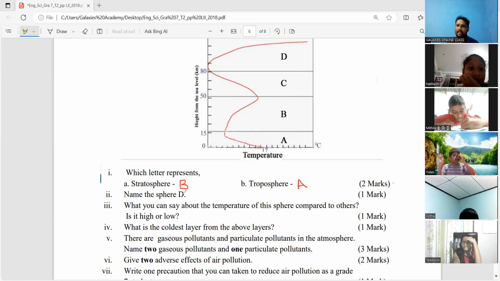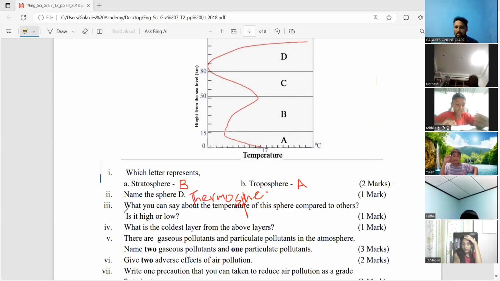Now look at the second part. Name the sphere D. Thermosphere. The third one, what can you say about the temperature of this sphere compared to others?